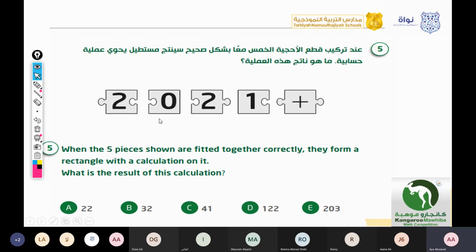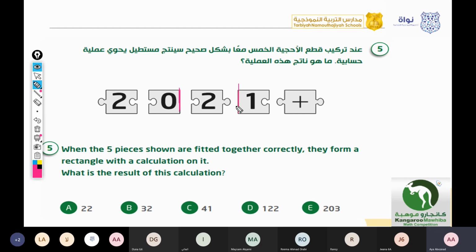It's a puzzle. Wow, we have a puzzle game in grade 6 also. When the 5 pieces shown are fitted together correctly, they form a rectangle with a calculation on it. What is the result of this calculation? When I see it like this, I just take care about this from here and from here. So maybe it will be the first and the end one. Start.